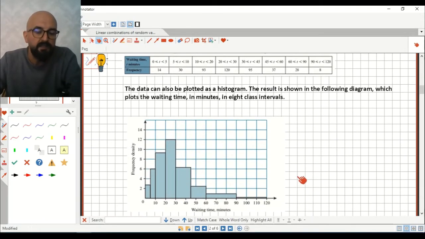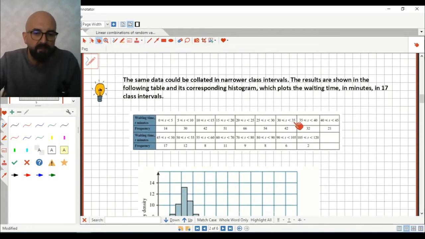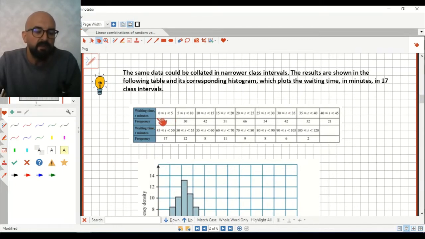If we go on, our intervals become smaller, for example, between 0 and 5, between 5 and 10, between 10 and 15.